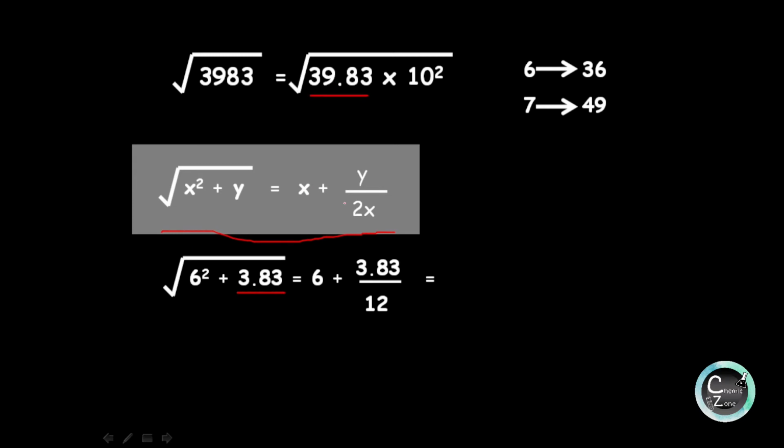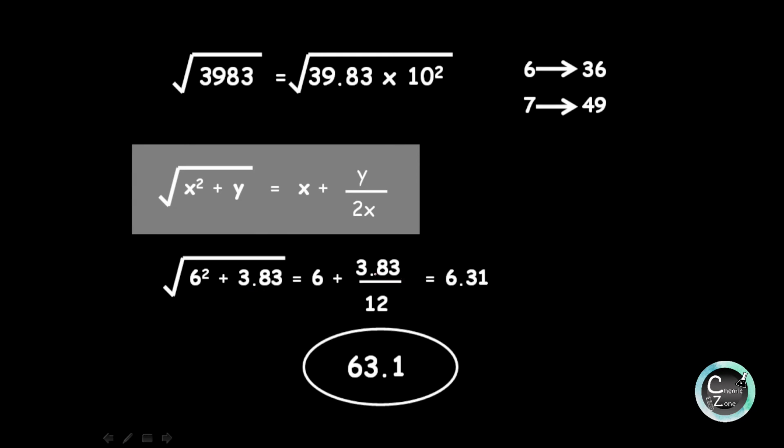Now again, according to this formula, we will place 6, and here 6 into 2 will be 12, and here y is 3.83. Now calculating this, we will get 6.31.